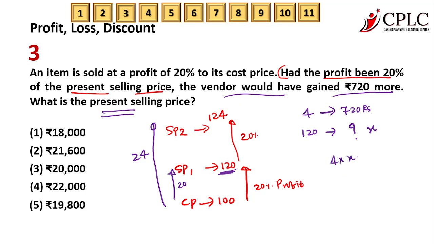So 4 into x is 120 into 720. You have to find out x. So that is 120 into 720 upon 4, which gives you, if I'm not wrong, 21600, which is answer option 2 basically. So this is how you could have done this particular question very easily, very simply, and you can have your answer.